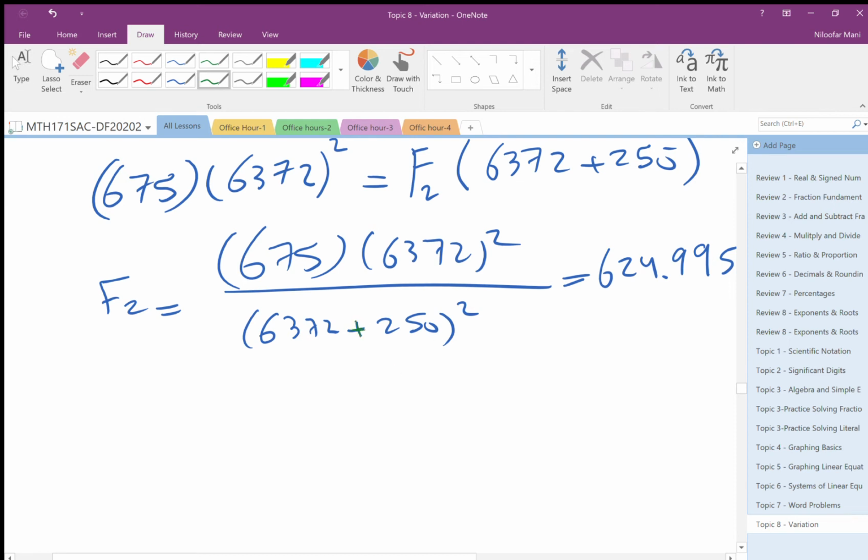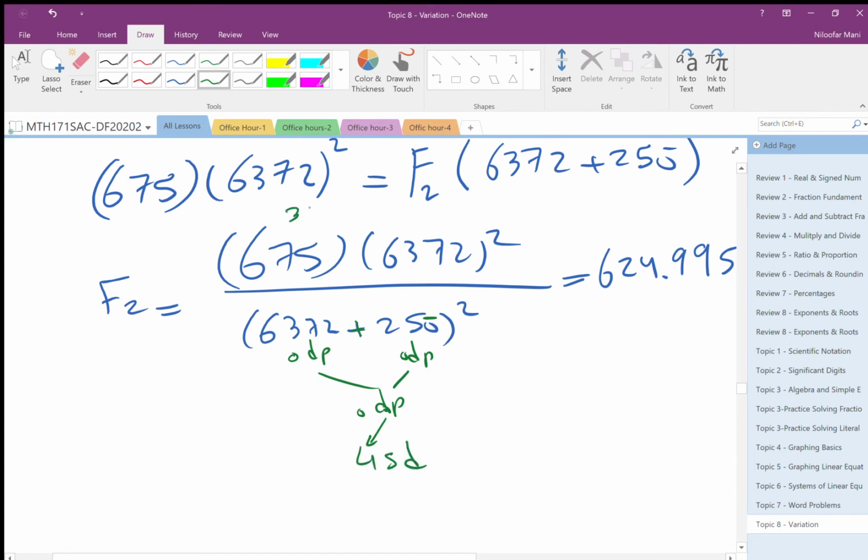Here is addition, so I round to 0 decimal places, but I have to consider the zero as important, so then I have four significant digits.